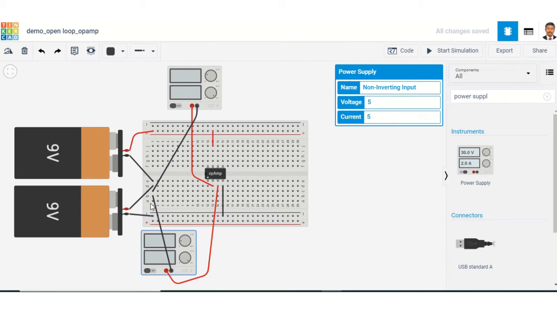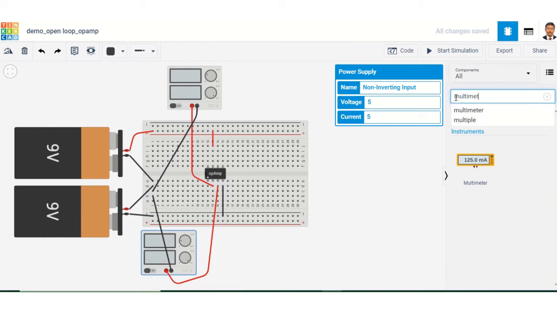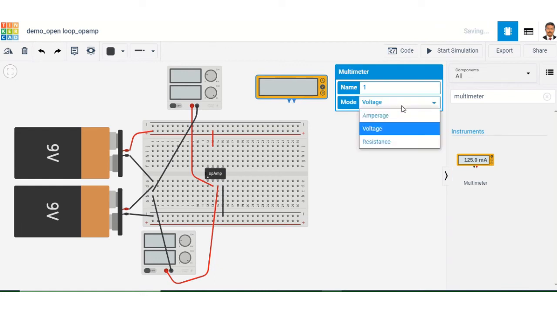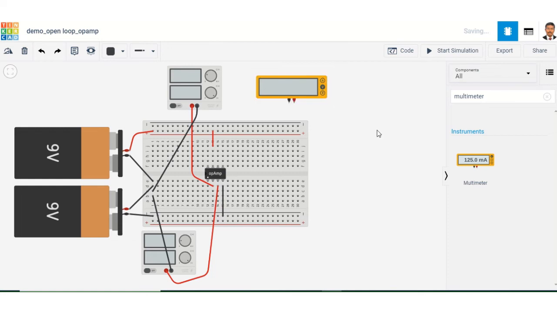We are going to measure the output voltage, and for measuring the output voltage we need a multimeter. So here is the multimeter. I'm going to drag and drop it, and in this multimeter I am going to measure the voltage. So we can choose voltage, and the name can be outputs. So where is the output?